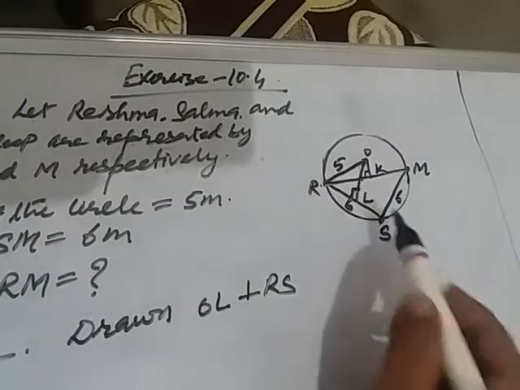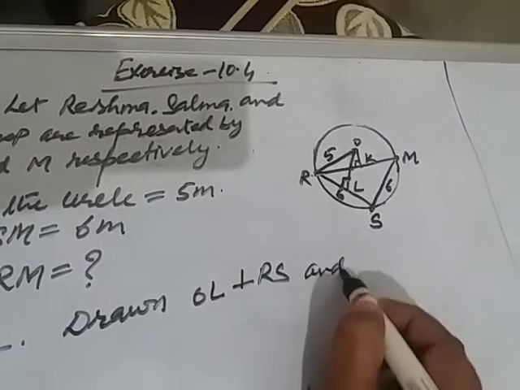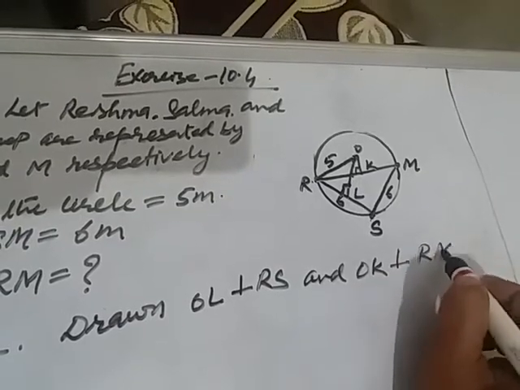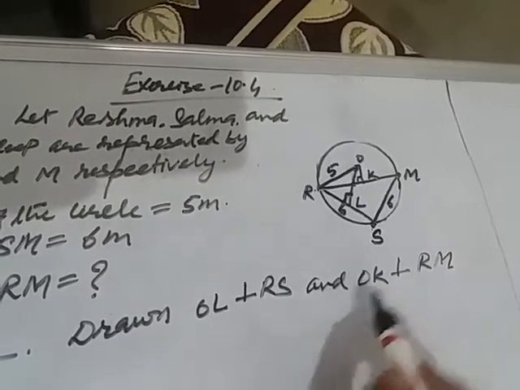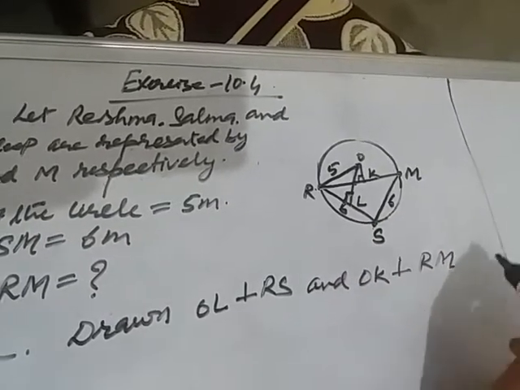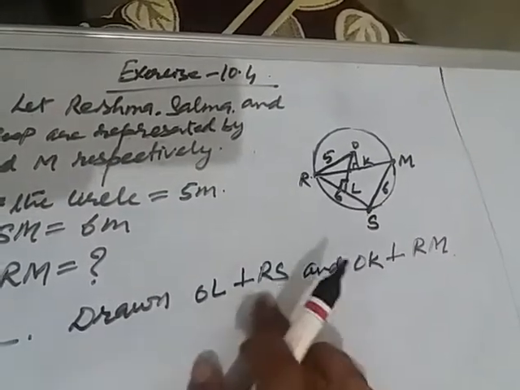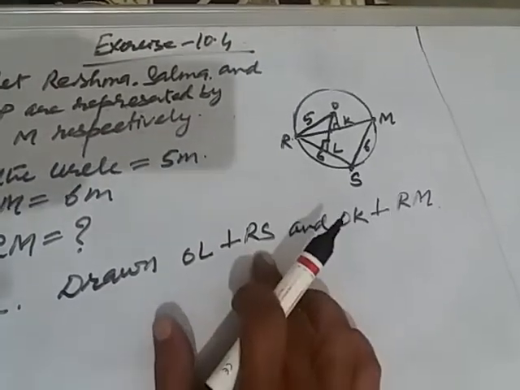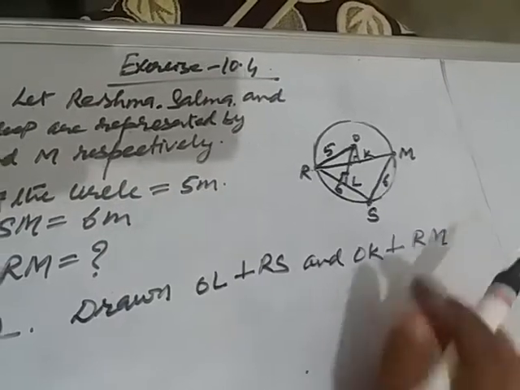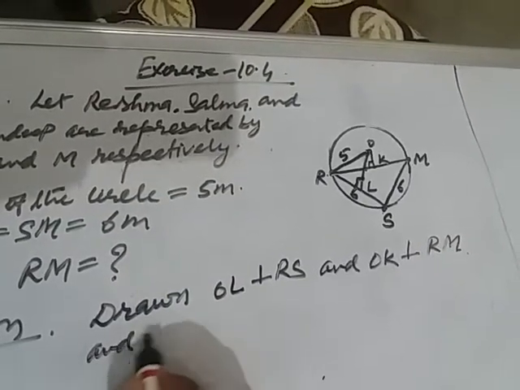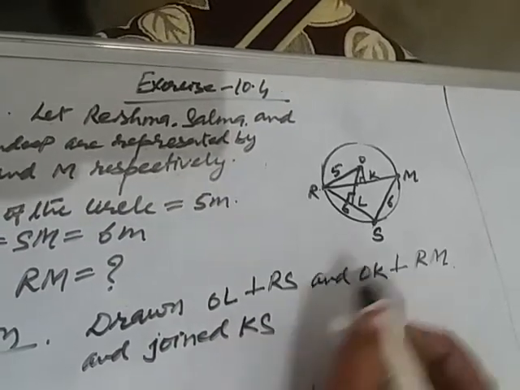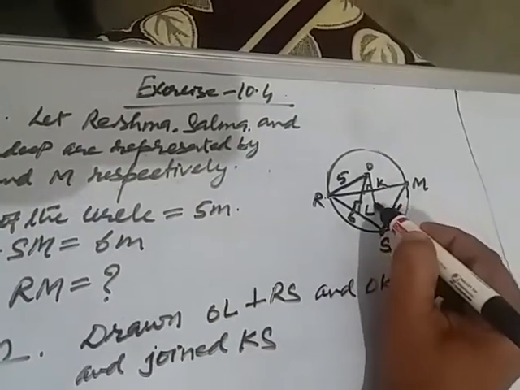OK is perpendicular to RM, right? And produce OK to S. Also, drawn OL perpendicular to RS, and OK perpendicular to RM, join KS.